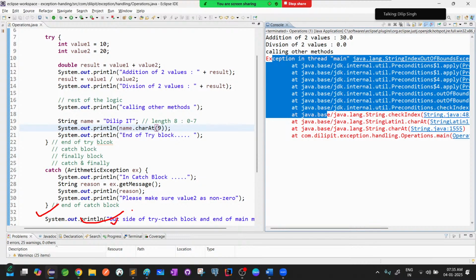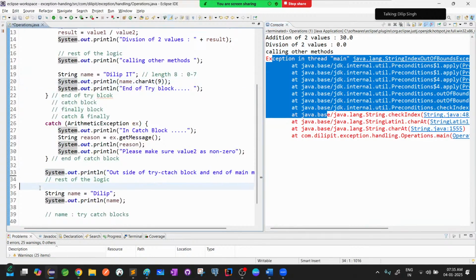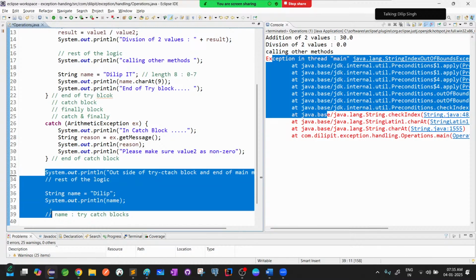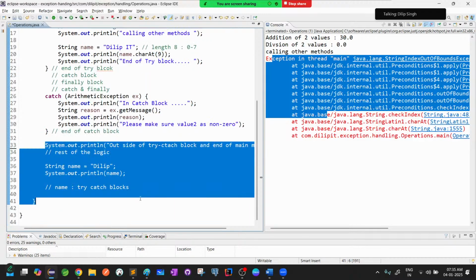Wherever the exception comes, that has to be skipped or ignored, but the rest of the logic should be executed. So 100 percent, this logic should always be executed, whether an exception comes or not. After line number 33, everything should be executed, even though an exception comes or not.